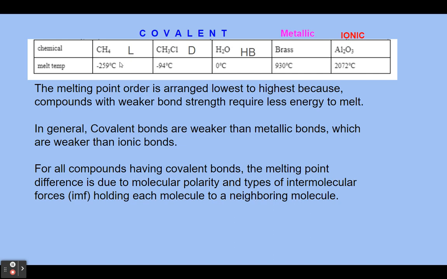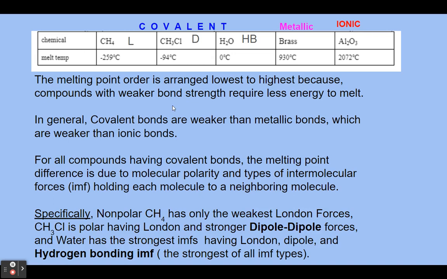And remember, the intermolecular forces are the forces holding each molecule to a neighboring molecule in the sample. Specifically, in this instance, nonpolar CH4 has only the weakest London forces. CH3Cl is polar, having both London and stronger dipole-dipole forces.